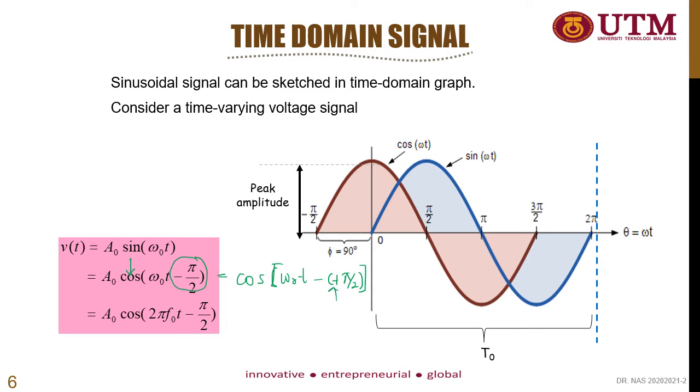In this graph, the sine signal is basically the cosine signal shifted to the right by 90 degrees.